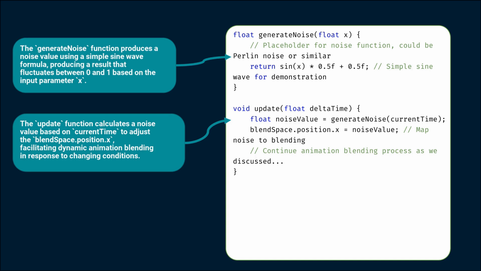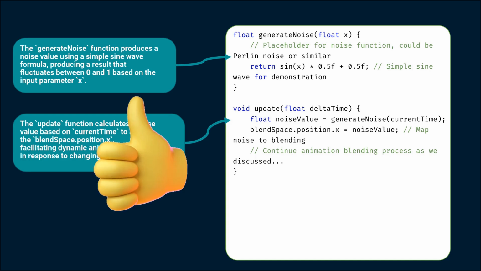Next, we have the update function, which gets called within our game loop. This function calculates the current noise value by passing the game's current time into the noise function. The resulting value is then mapped to our blend space's position, specifically affecting the X component. This integration of procedural noise alters our blending parameters dynamically, introducing an element of unpredictability to those animation transitions.